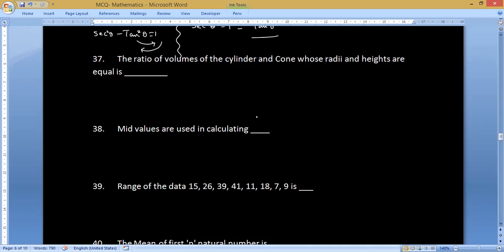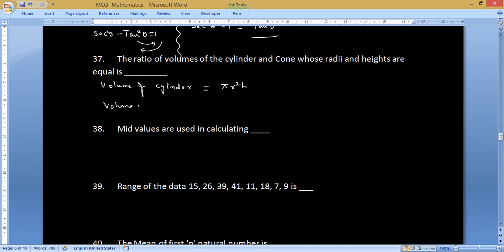So the next question is the ratio of the volumes of the cylinder and the cone whose radii and heights are equal. So first we have to write the volume of a cylinder, and next the volume of a cone.